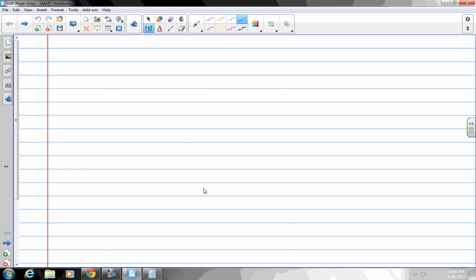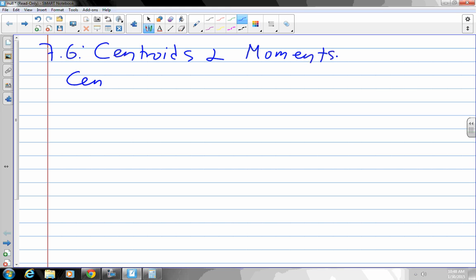But anyway, section 7.6, we talk about centroids and moments. So center of mass of a planar plate, lamina.